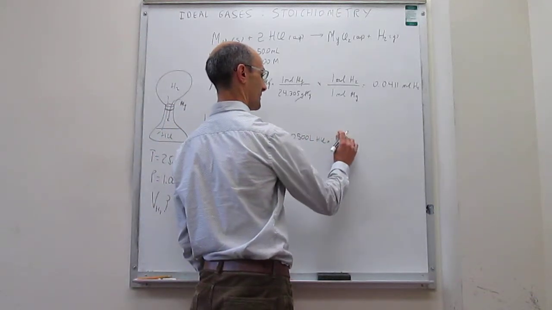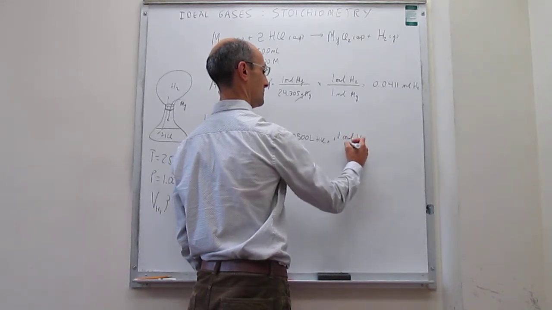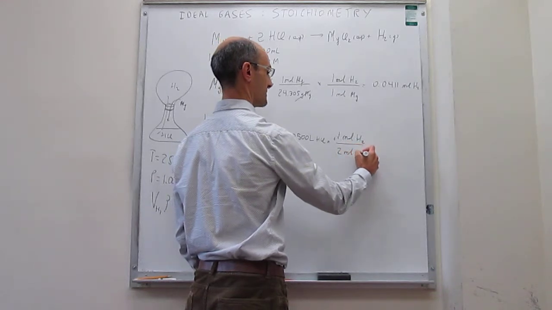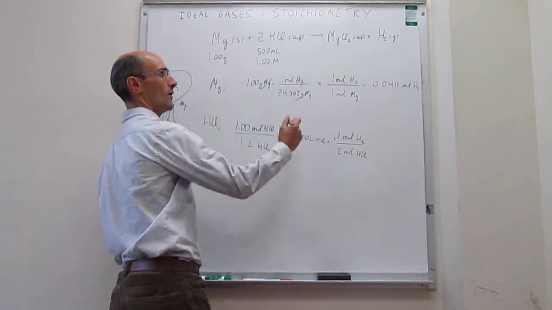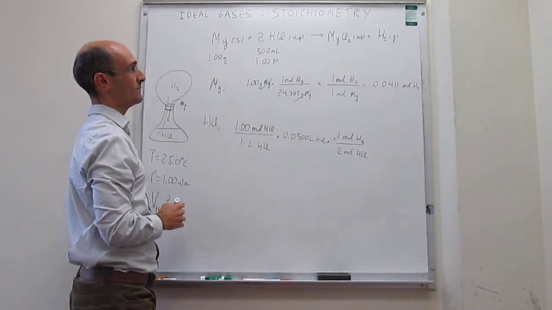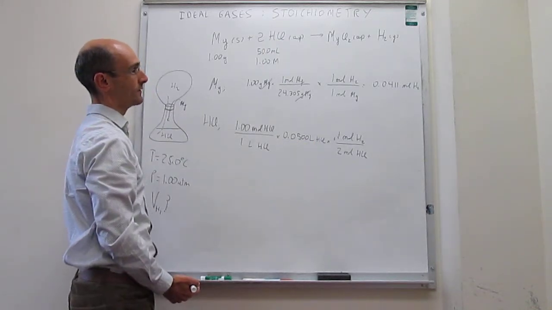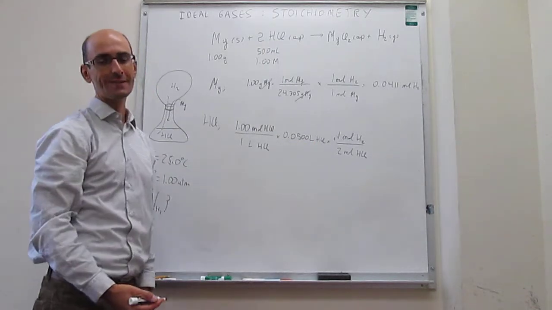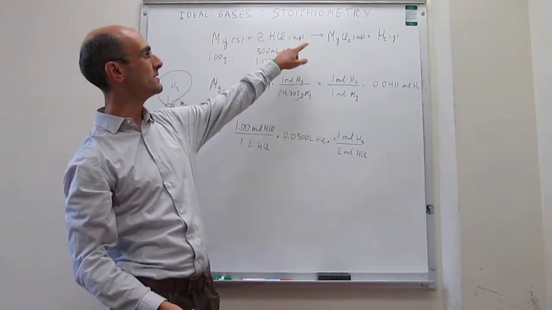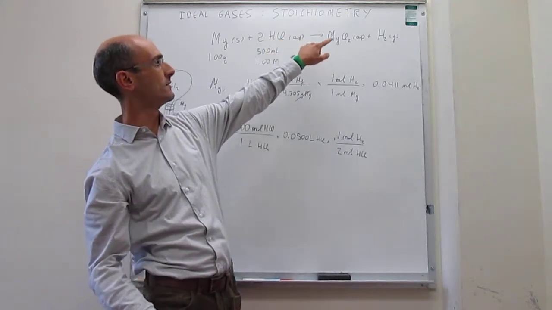All right, so that would be 1 mole of H2 for each 2 moles of HCl. Notice that all of the hydrogen comes from HCl. HCl only has 1 hydrogen atom, so you need 2 molecules of HCl to be able to evolve a molecule of H2. Notice also that this is a redox reaction, in which magnesium is oxidized into magnesium 2+, and hydrogen is reduced from +1 to 0.